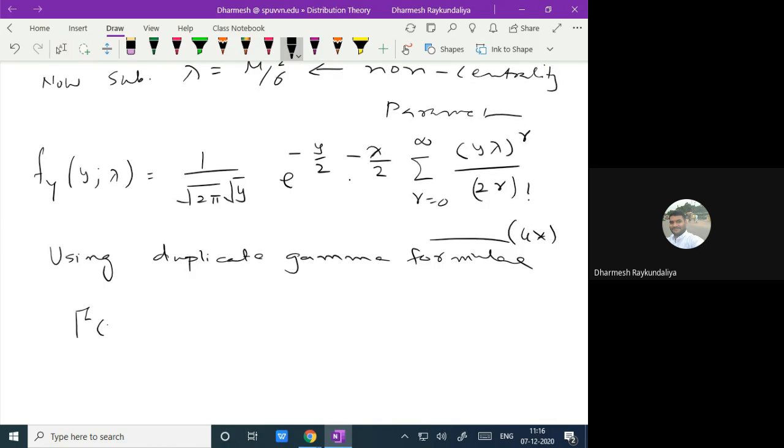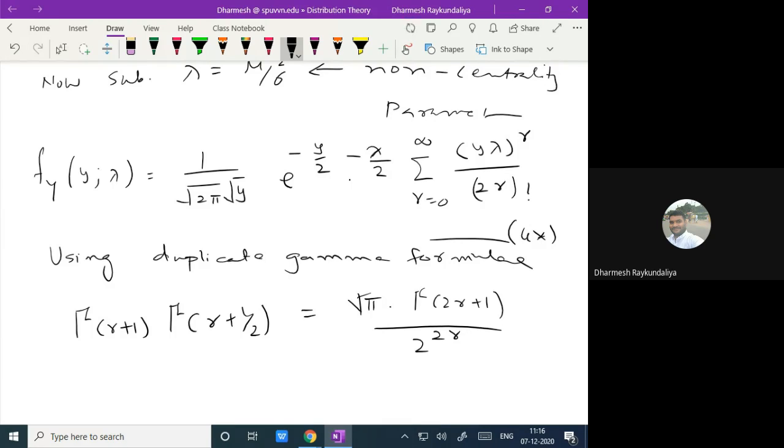Whenever you get this, it is gamma r plus 1 into gamma r plus 1 by 2, which is always written as root pi into gamma 2r plus 1 upon 2 raised to 2r. Okay, so what is given?